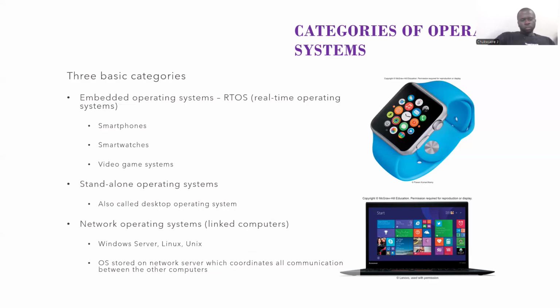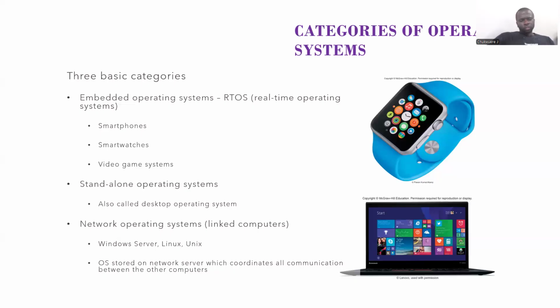Also, we have our standalone operating system, which is mostly used by desktops. Like you can buy your desktop and then install the operating system later. They are two different things. But now some desktops come with an operating system. However, some of those operating systems are free versions or trial versions that you can always update.